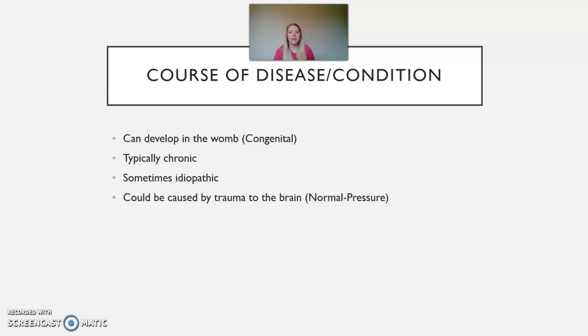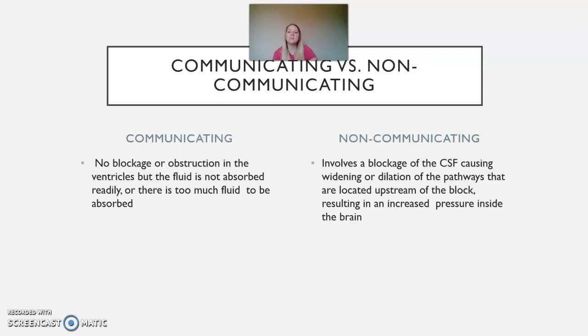And it could also be idiopathic, so not knowing really the origin of how it developed. And it could be caused by trauma. So that's the normal pressure hydrocephalus, which we'll get into separately.